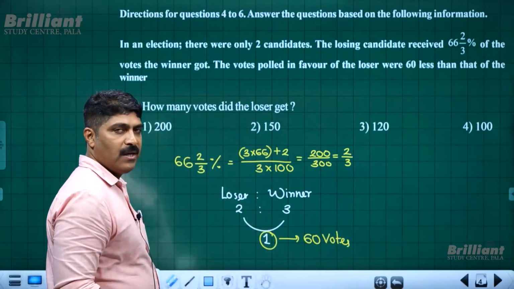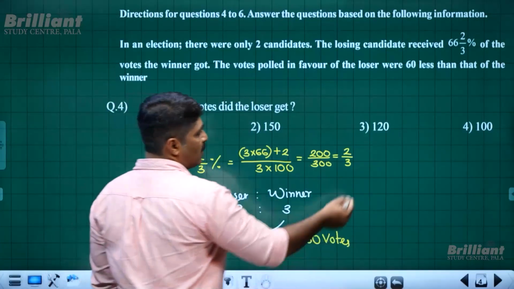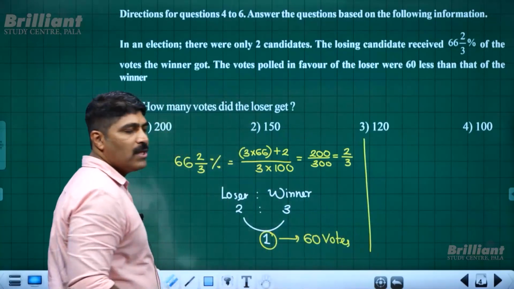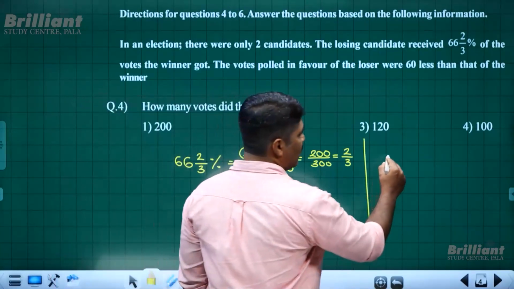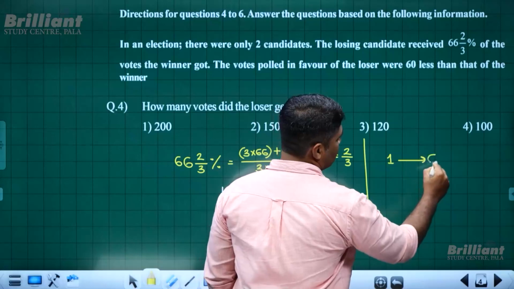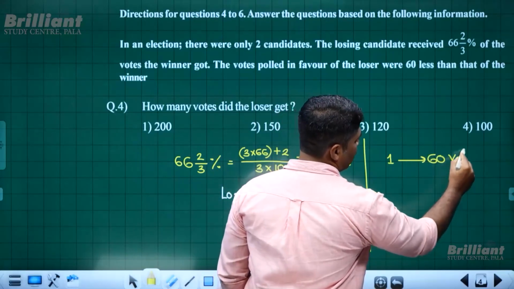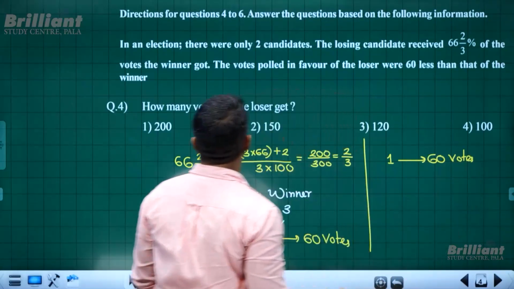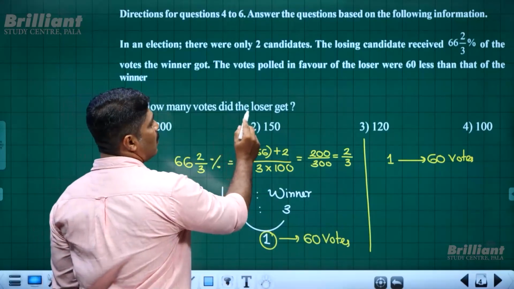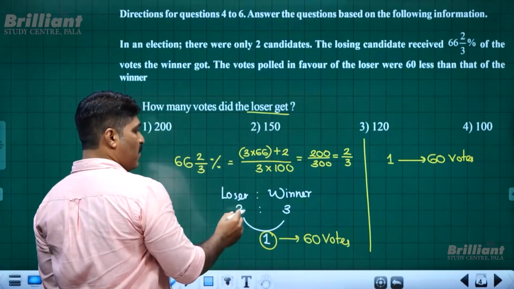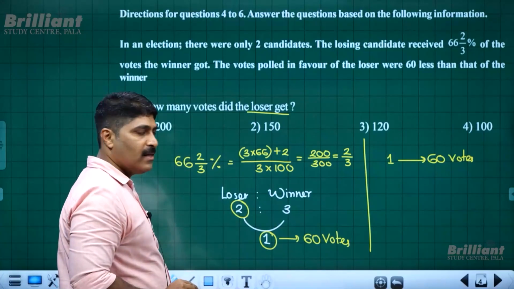What do you have to consider? If 1 is representing 60 votes, we have to find out the total. In this question we have to find out how many votes the loser got. That is 2.